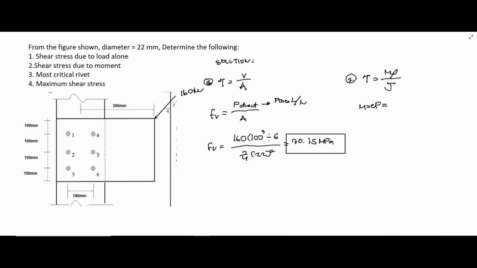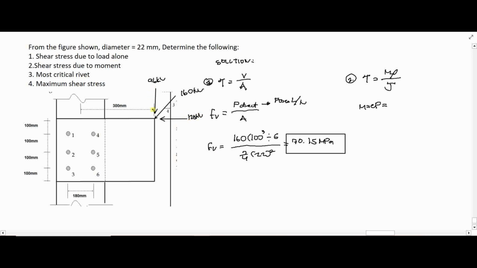We have here this component, the x component, or the horizontal, and next is the vertical component of the force. That's 3/5 of 160, which is 96 kilonewton, and 4/5 of 160 is 128 kilonewton.